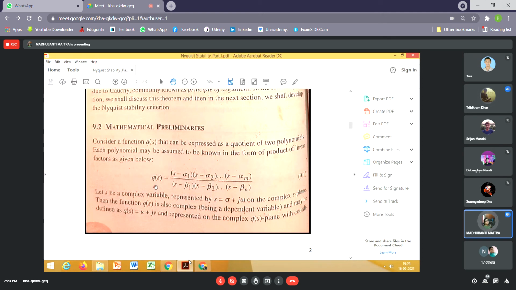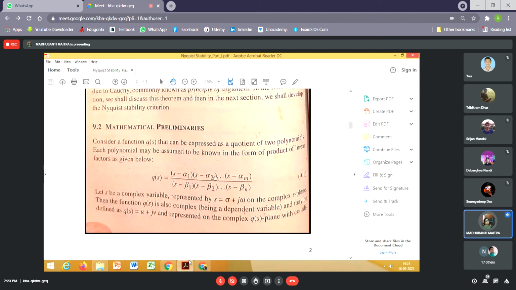For any function represented in this particular form, we can associate zeros and poles with that function. Yes or no? Yes, ma'am.